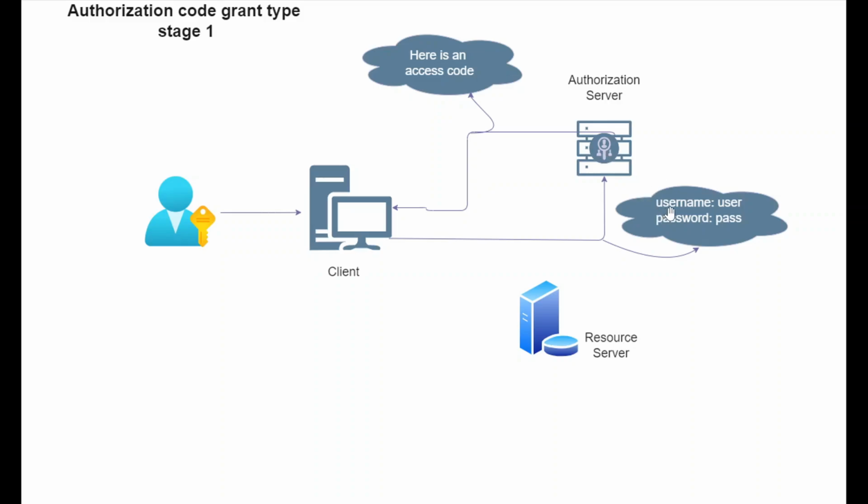The user provides the necessary credentials to get authenticated, which happen to be the username and the password. Now, if the user has been successfully authenticated, the authorization server is going to send a redirect back to the client, and while sending this redirect back to the client, it's going to include an access code.